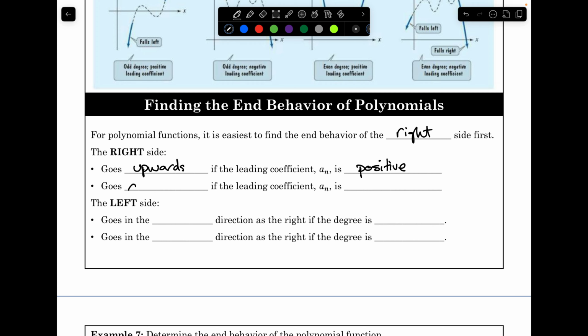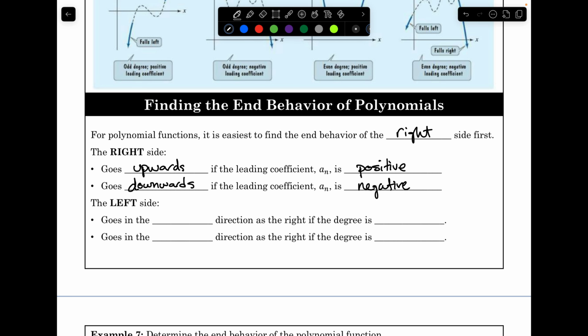But it's going to go downwards, fall, if that leading coefficient is a negative number. And then after determining whether the right side goes up or down, I can figure out what the left side is doing because of that exponent, the degree of the polynomial.